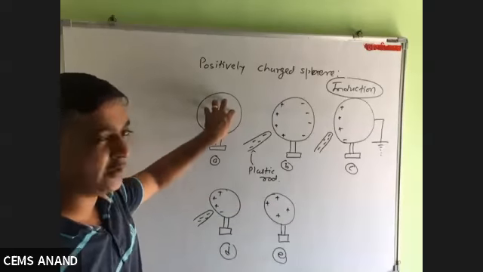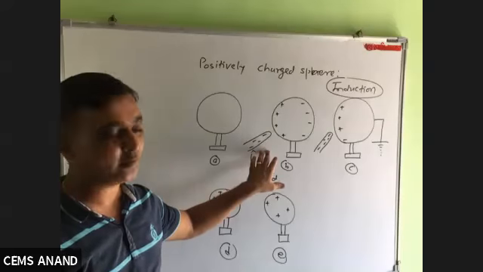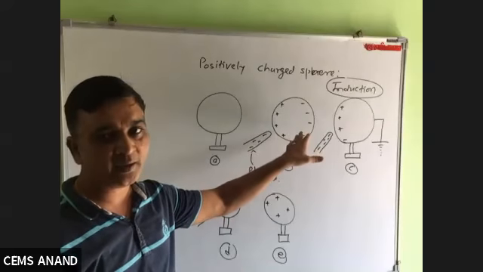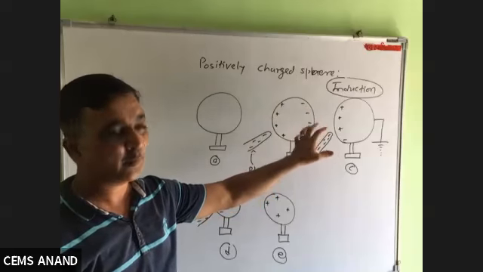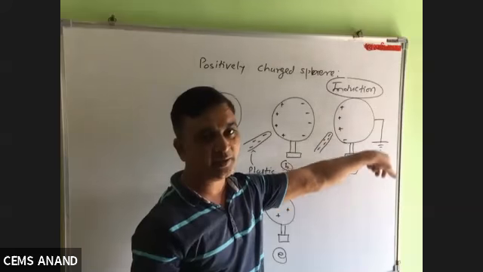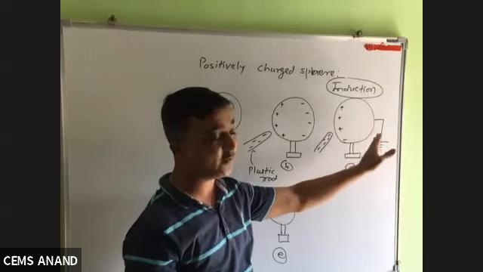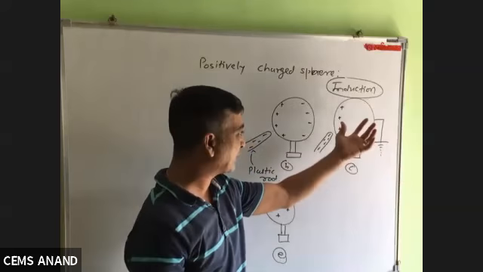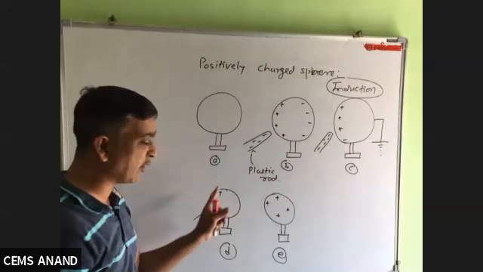So what happened? A neutral body is there. A negatively charged rod is brought near to the sphere. And because of that, the distribution of charges happened like this. Thereafter, we made some earthing to the sphere. By using that, all the negative charge present on the sphere goes to the earth, and that's why only positive charge remains on the sphere.